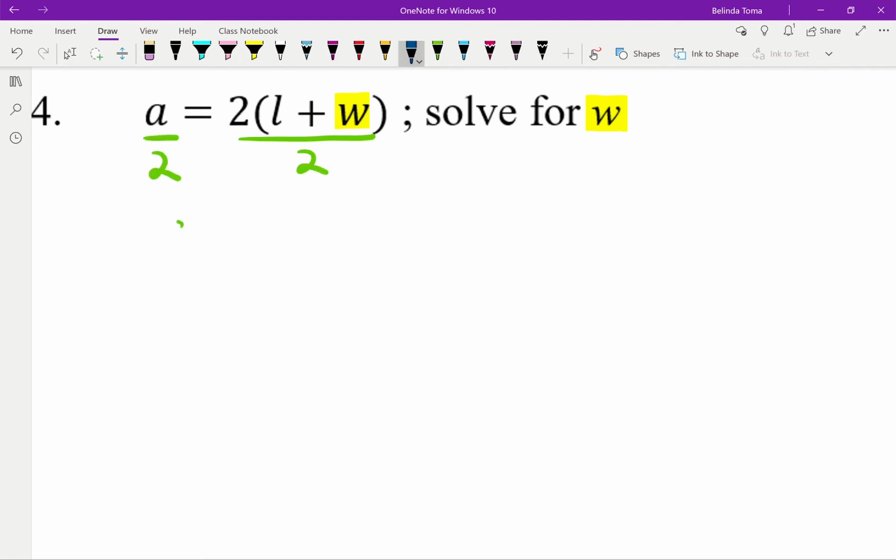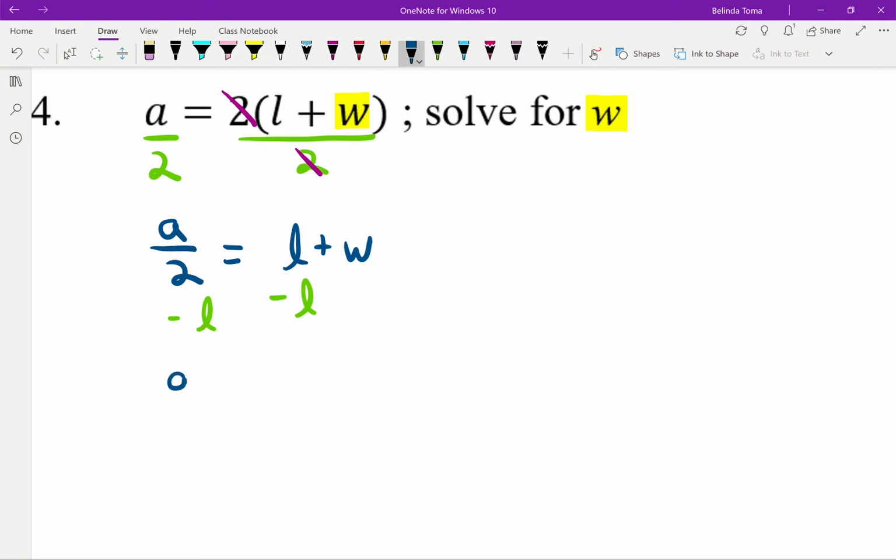So that'll give me A over 2 is equal to, and again, we're going to be able to cancel these 2's. So that's going to give me A over 2 is equal to L plus W. And because we're now solving for W, we're just going to subtract both sides by L, which is standing for length.